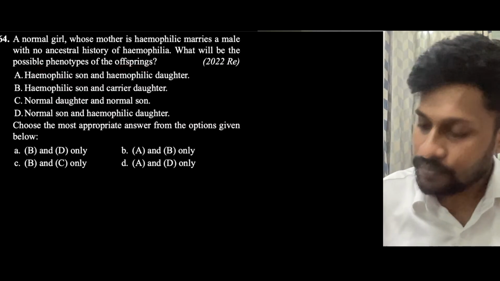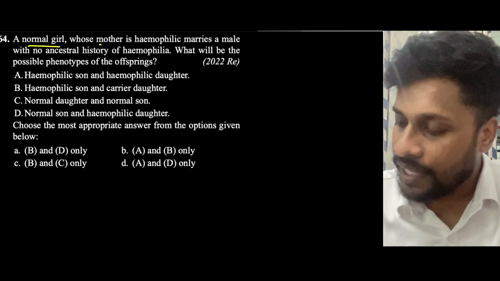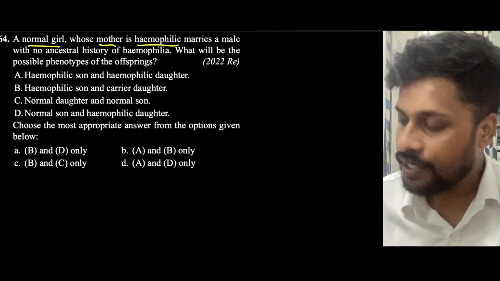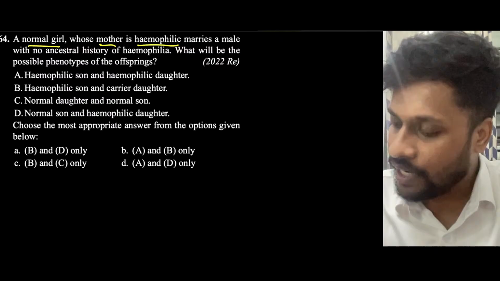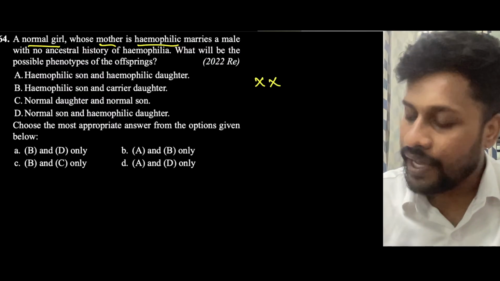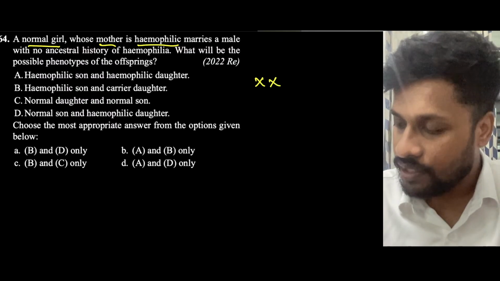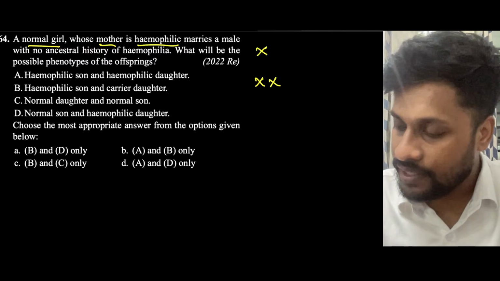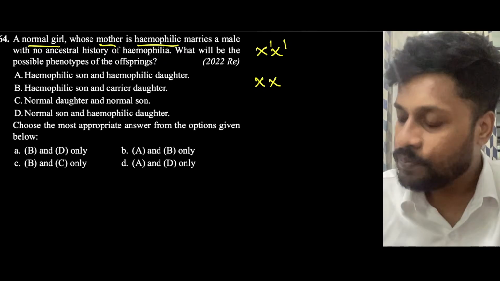Let's see. A normal girl, and the mother is hemophilic, right? Normal girl means XX, and the mother is hemophilic, represented by X' X'.